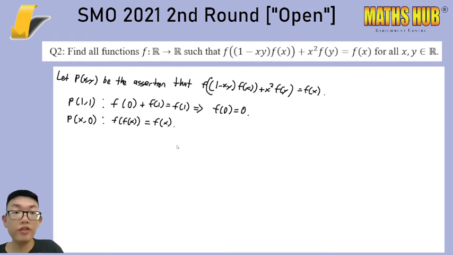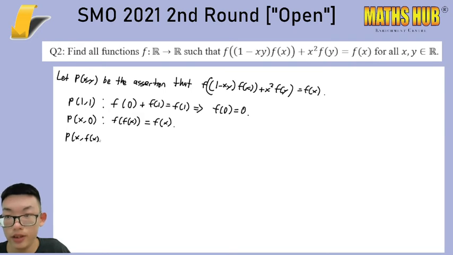Now, if you continue putting in numbers, it may give you some results, but it isn't going to really give you any great news. So the next thing I'm going to do is to make use of the fact that I now know f(f(x)) is just f(x), and I'm going to substitute in y equals to f(x). So y equals to f(x) means that the f(y) is going to become f(x) when I get there.